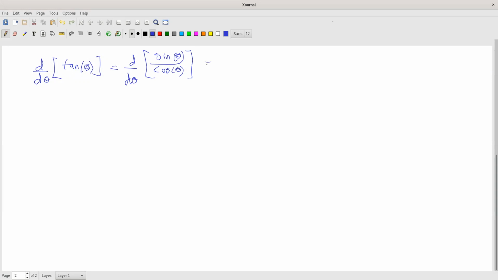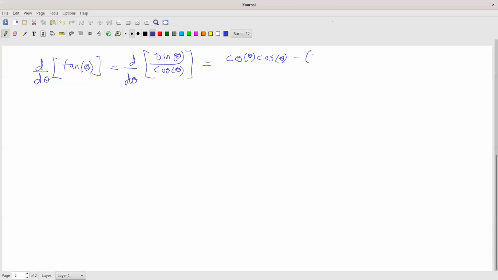So the quotient rule says take the derivative of the numerator first. Derivative of sine is cosine. And multiply by the bottom function, which happens to be another cosine. Then the quotient rule says subtract the derivative of the denominator. The derivative of cosine is negative sine.